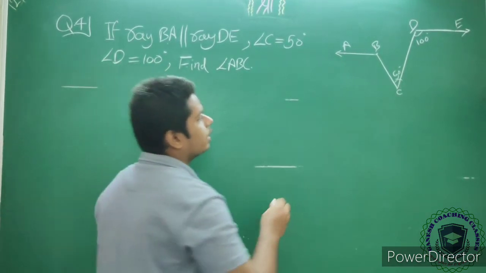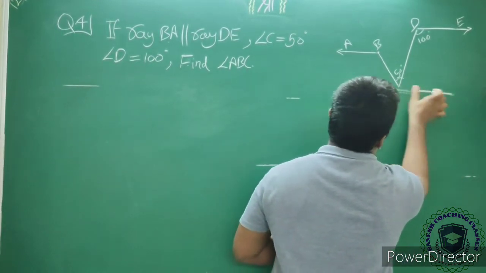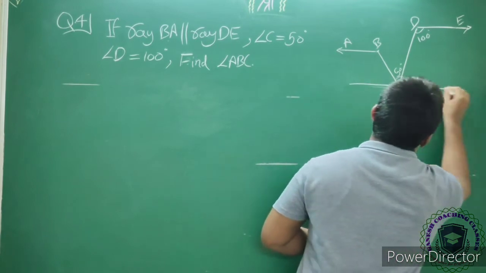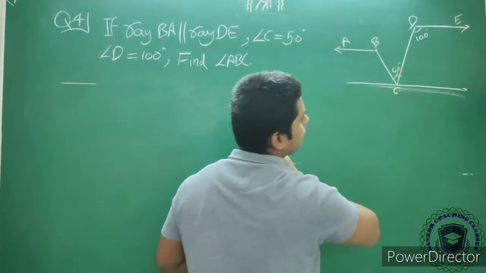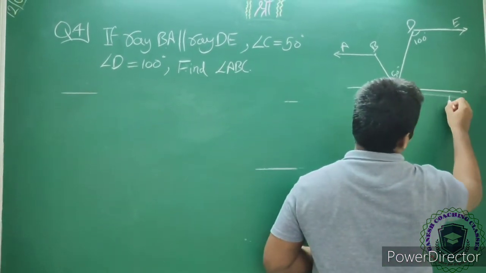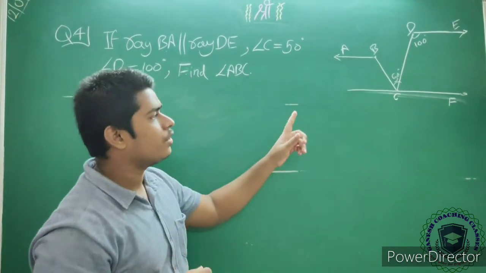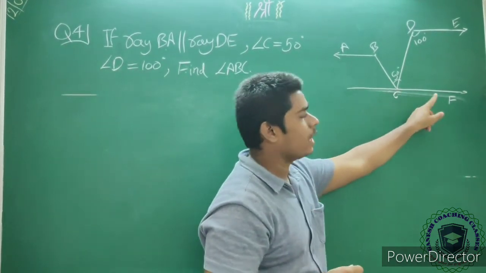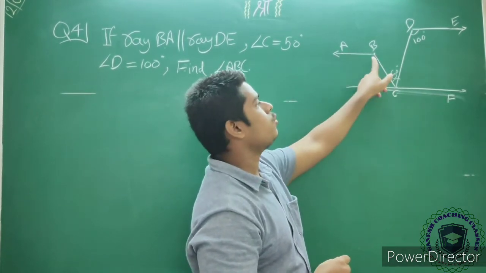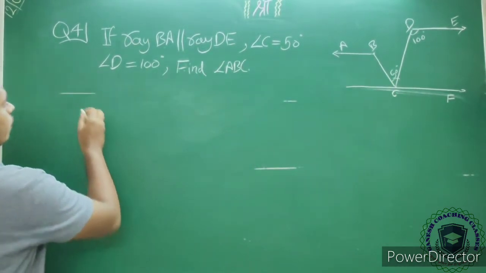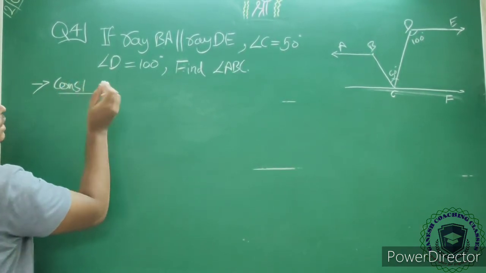Here we are constructing a line that is parallel to AB and passing through point C. We name it CF. So we did a construction: ray CF passes through point C and is parallel to AB. First of all, in writing the answer, we have to write the construction we did here.